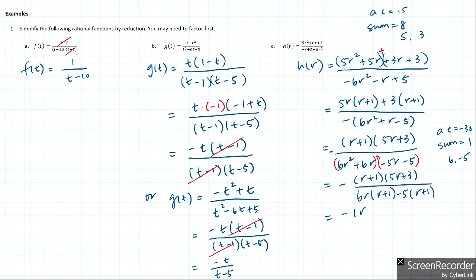And to put everything together, we have negative r plus 1, 5r plus 3, all over r plus 1 in the denominator is a common factor, left with 6r minus 5. So altogether, r plus 1 is a common factor, and we should get negative 5r plus 3 over 6r minus 5 as the final result of this simplified function.